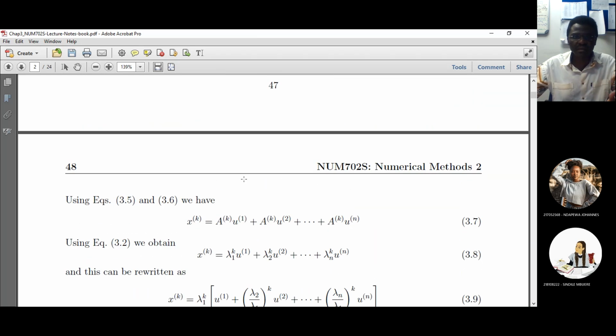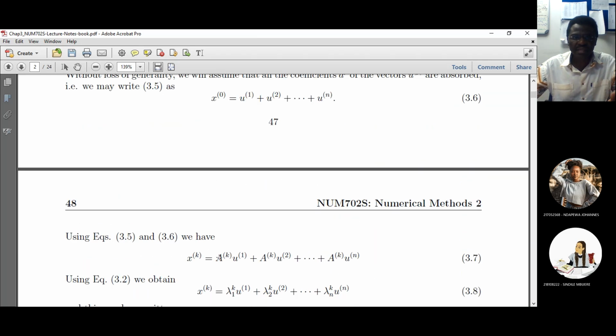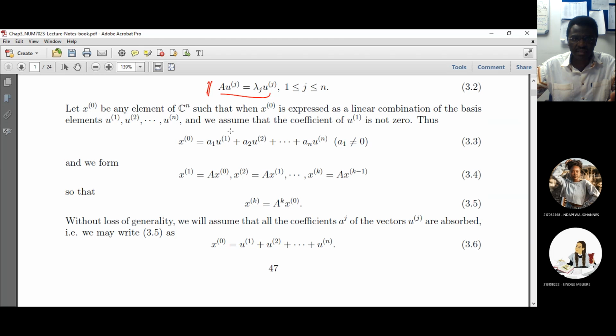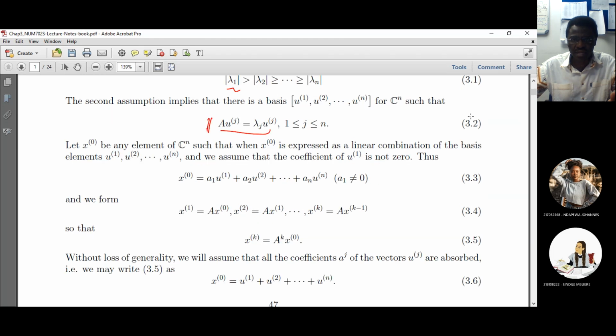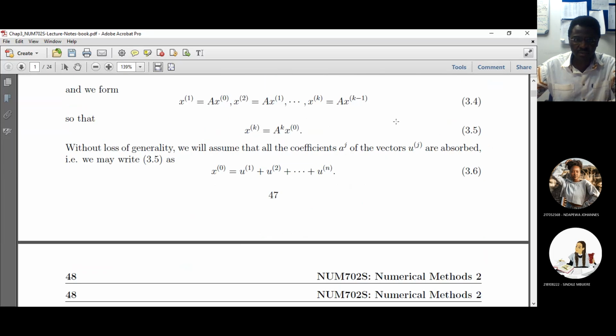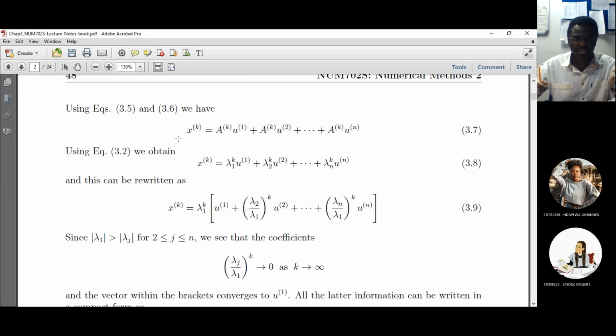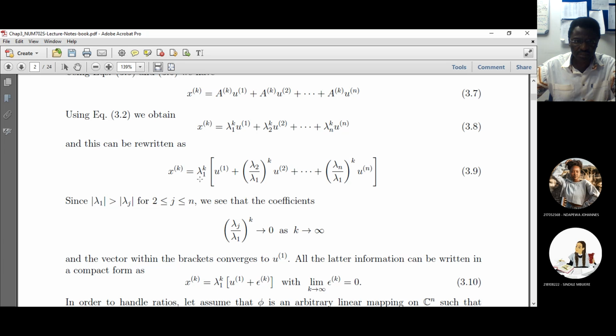So by applying A and using this formula 3-2 about eigenvalues and eigenvectors, we come up with this relationship. Now you can see that when we factor, we have this lambda 1 to the k, because lambda 1, remember, is the dominant eigenvalue.